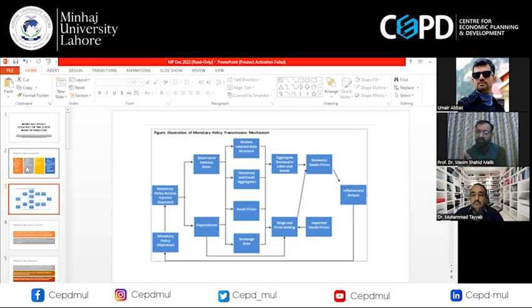Effective imported goods prices are basically exogenous, independent of these. But of course, their rupee value, if we talk about Pakistan, is very much dependent on the exchange rate. So basically, these four components affect aggregate demand.